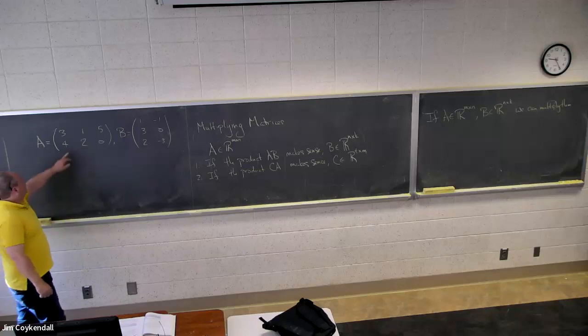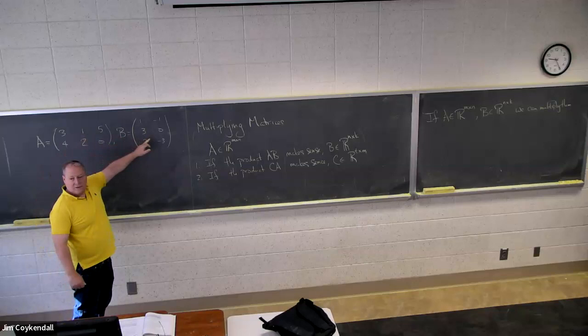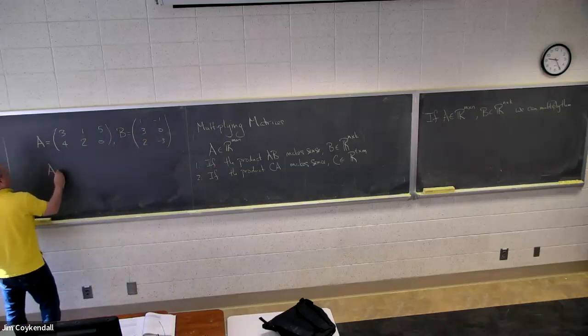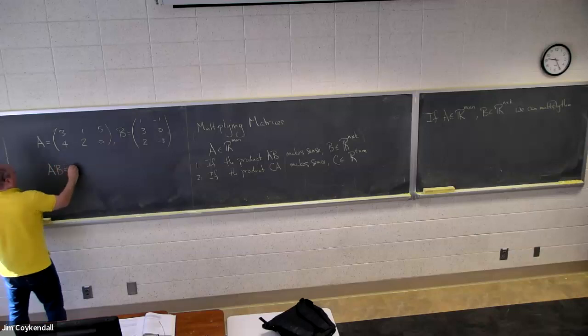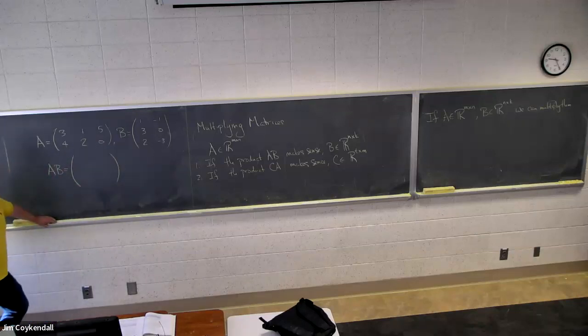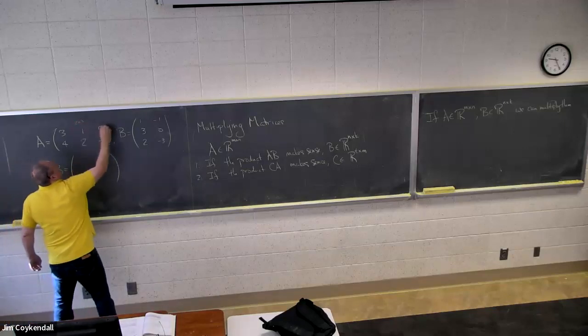Yes, I can. This is 2 by 3, and this is 3 by 2, so I could do this in either order. But I got lucky. Somebody tell me what the size of AB is. Good, it's 2 by 2, because this is 2 by 3 and this is 3 by 2.